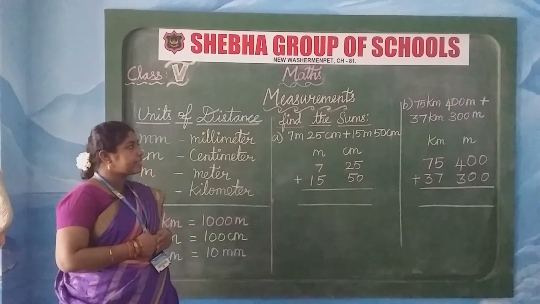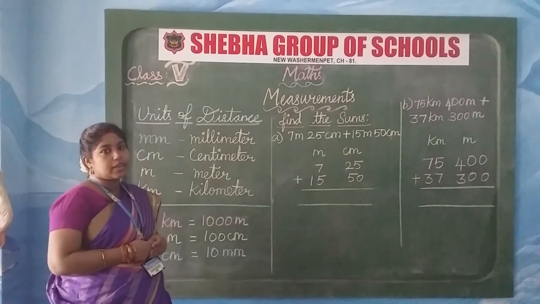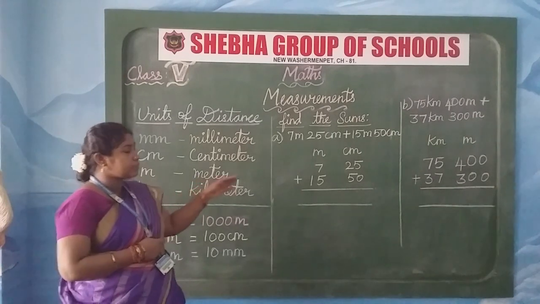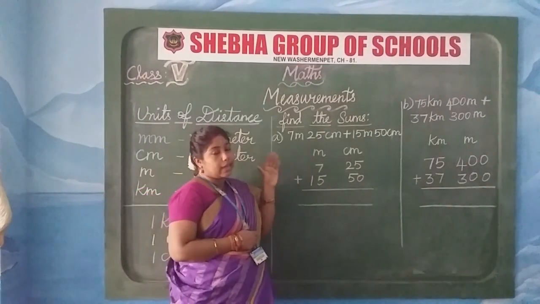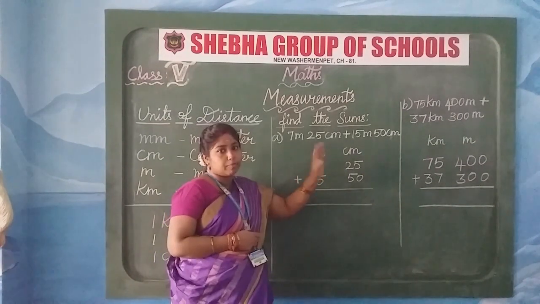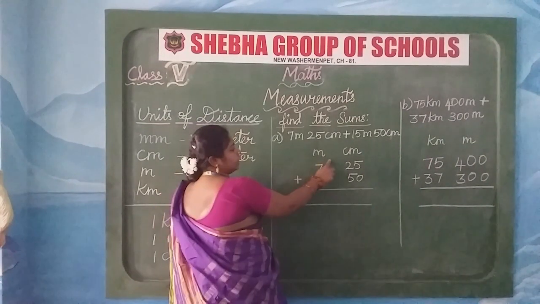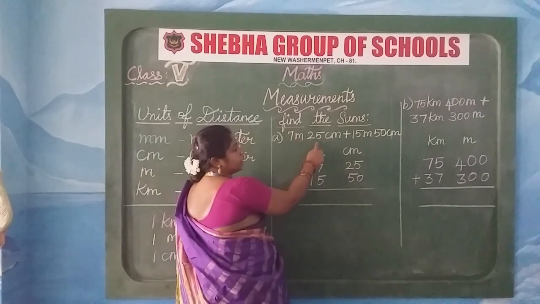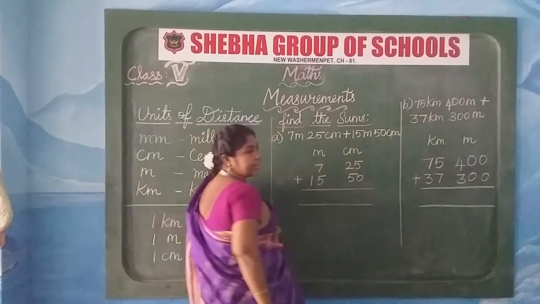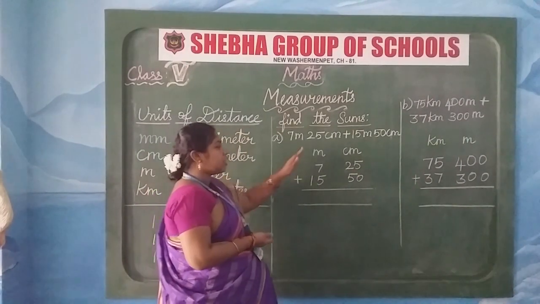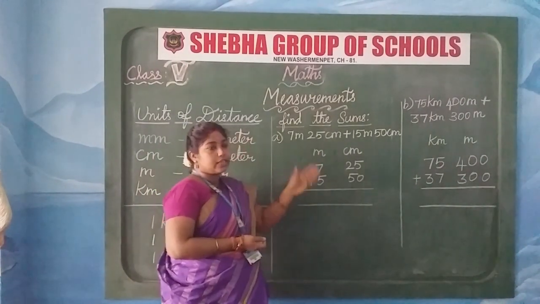Students, our next session is to find the sum in a measurement using distance, meter, centimeter, children. First we have to arrange it in a meter and centimeter way. Okay, 7 meter 25 centimeter plus 15 meter 50 centimeter. So first arrange the meters and centimeters separately.